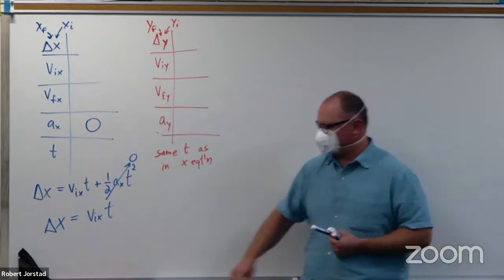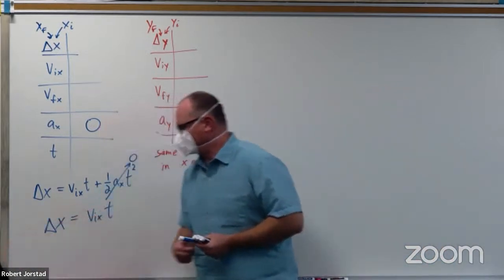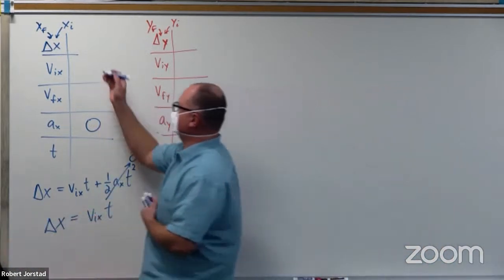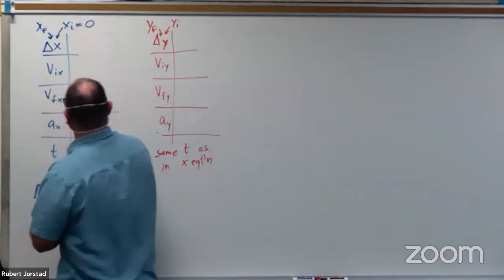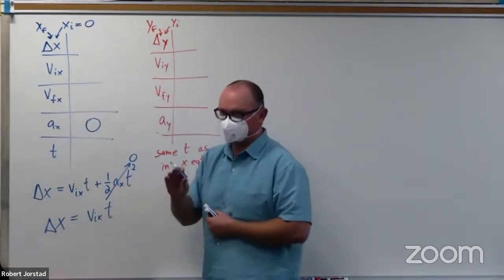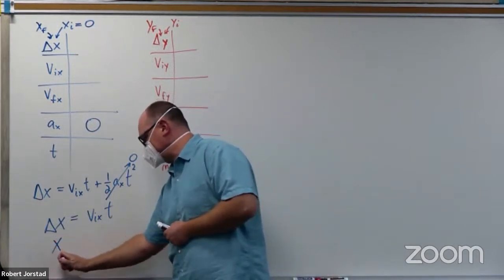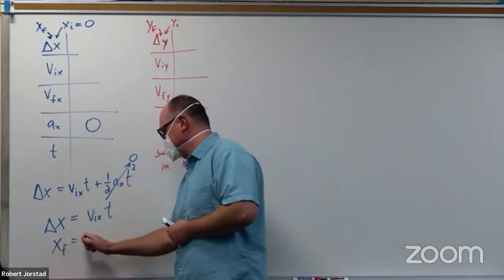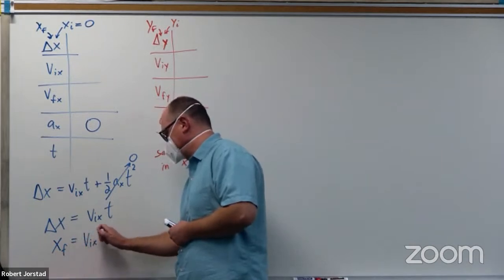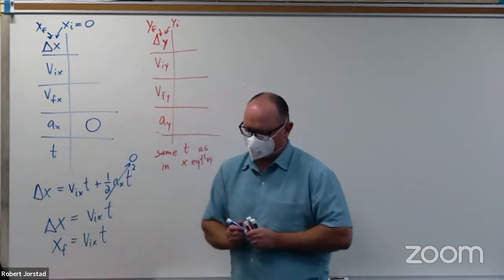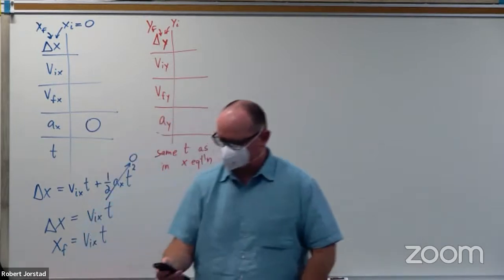It turns out, almost always, we can set x initial to 0. Notice if x initial is 0, we could rewrite this equation as x final equals v initial x times t. And to be clear, what do I mean by setting x initial equal to 0?